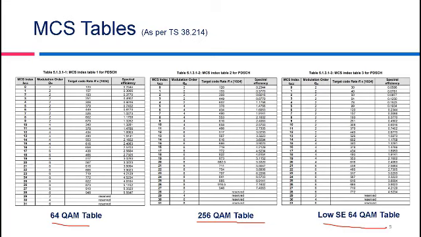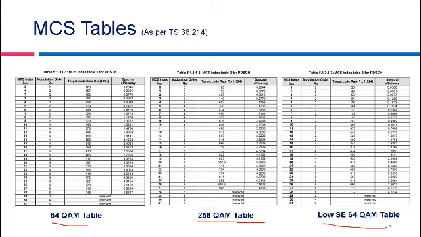In each and every table, the MCS starts from 0 and goes up to 31, so the total number of MCS indexes is 32.